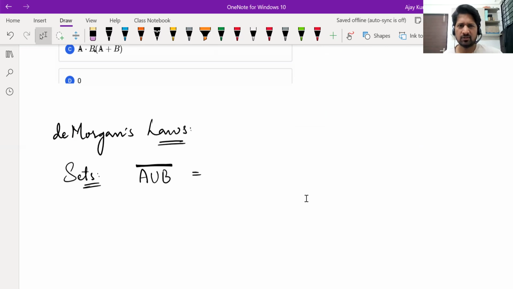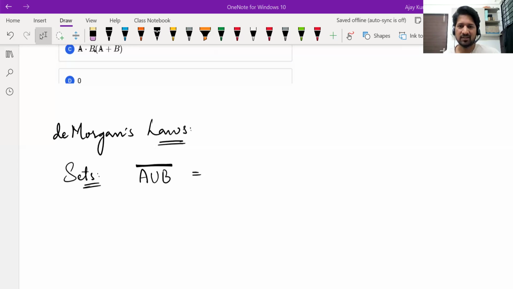You didn't learn De Morgan's laws in mathematics. Like that bar, I think is read as complement. What is A union B whole complement? Anything but all the elements of A union B. So how is it written?